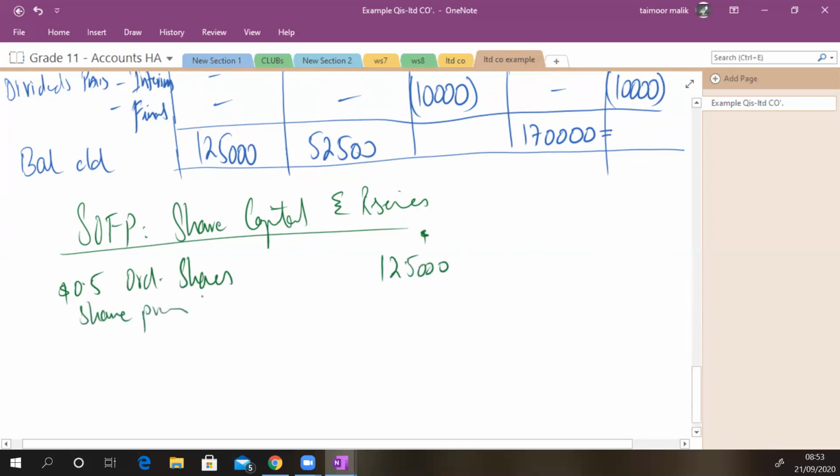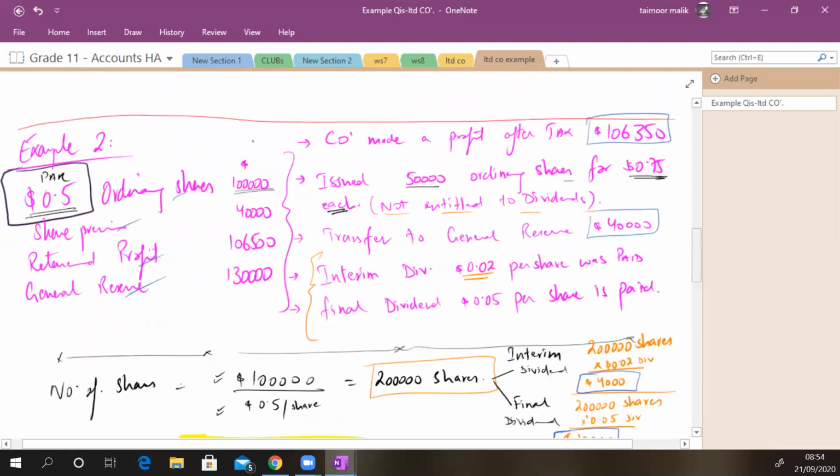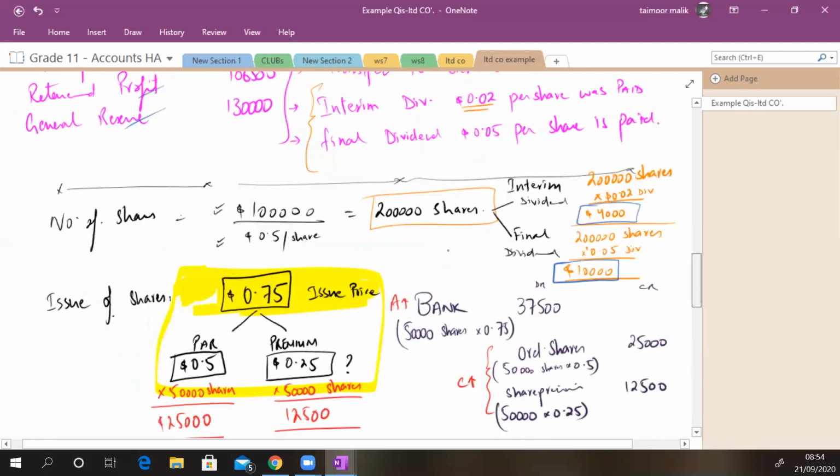Share premium 52,500. Retained profits is yet to be calculated. And general reserve is 170,000. Simple copy paste यहाँ से. Or you can say कि जो question में ये given था ना, these were your opening values after all of these adjustments. Now in the similar format, these are your closing values.